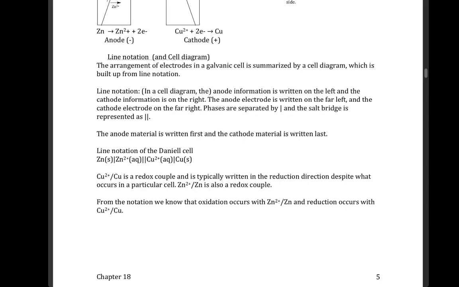From the line notation, we know that oxidation occurs at the Zn2+/Zn redox couple, and reduction occurs with the Cu2+/Cu redox couple. We know that because we always put the anode information on the left and the cathode information on the right in line notation.